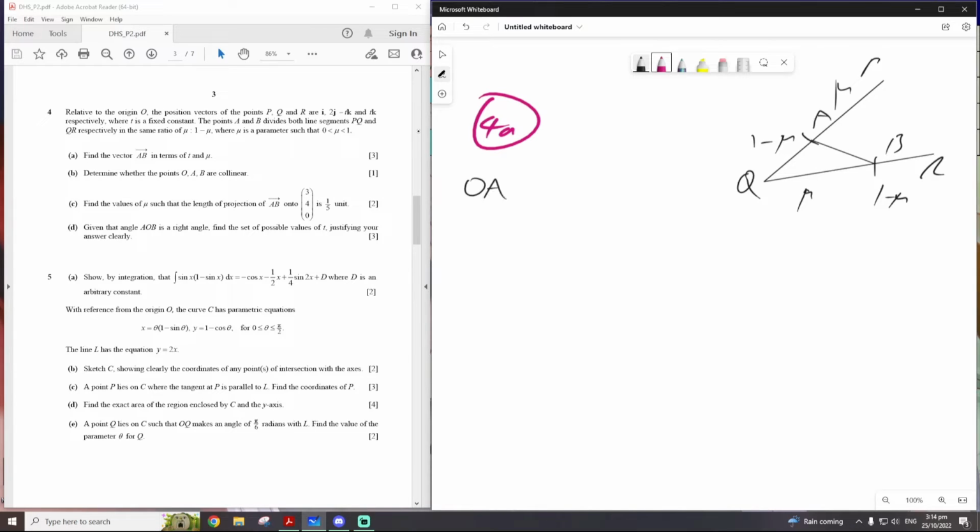So we can find OA and OB in terms of mu by using the ratio theorem.